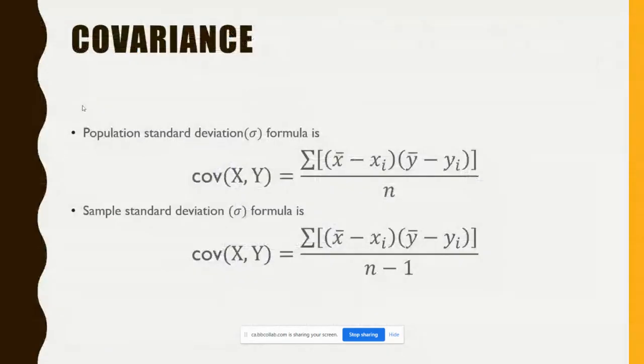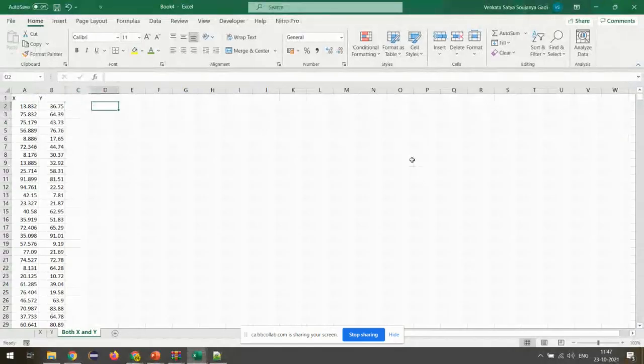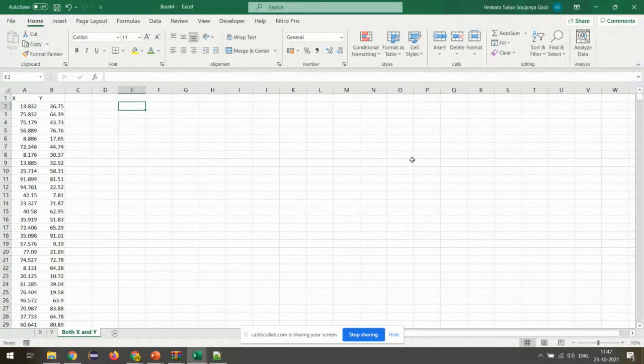Let's calculate the covariance. How do we calculate covariance? We find the mean of the first and the mean of the second variable. So let us say mean of x, mean of y.